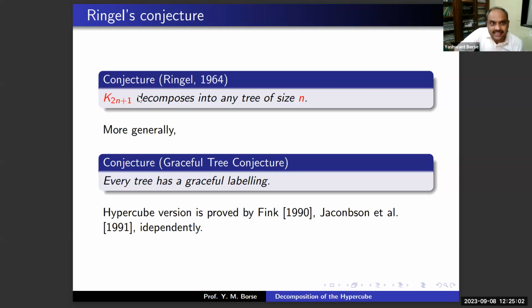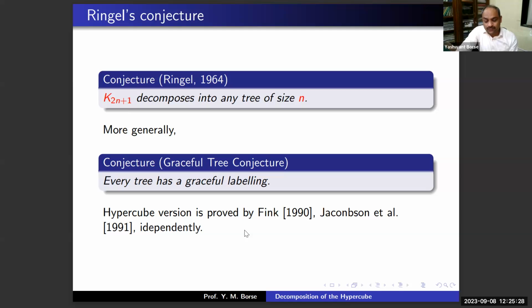People tried this conjecture for different classes of graphs, and one of the standard classes is the hypercube Qn. Pink in 1990 proved the hypercube version of this conjecture. Similarly, Jacobson et al. independently proved the same conjecture for Qn.